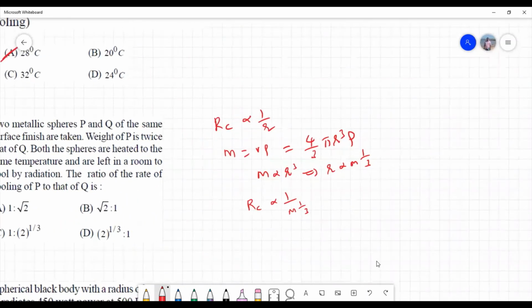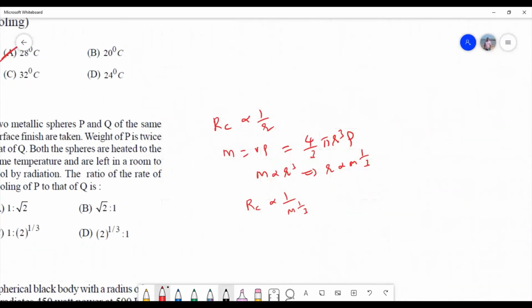So if I take this equation, I can write R1 upon R2 is equal to M2 upon M1 whole power 1 by 3. Given that weight of P is twice that of Q, M1 is 2M2.